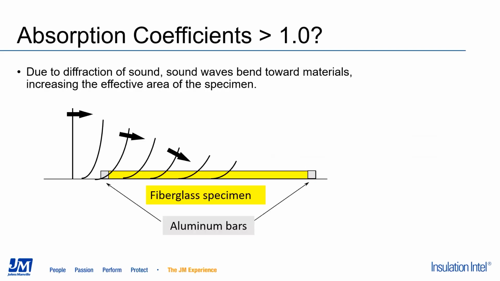And then finally, you may have seen in that table that we had sound absorption coefficients, some of those numbers were above 1. Is that realistic? So when C423 tests are done, they're typically laid on the floor with the edges exposed.